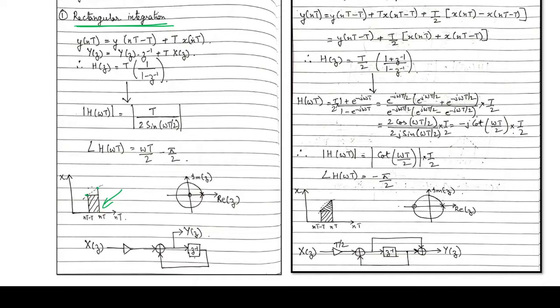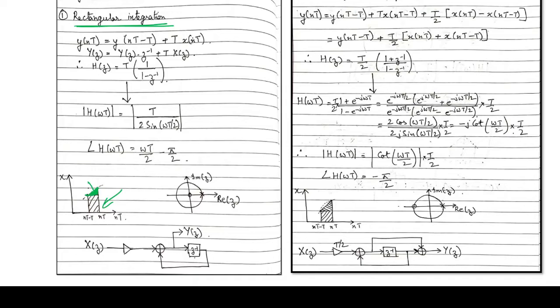However, there is a certain area which is not taken into account. The main advantage of the rectangular integrator is that it is the fastest integrator, but the problem is that it has large errors, because, as I told you, these shaded areas are not taken into account during the calculation of the area under the curve.